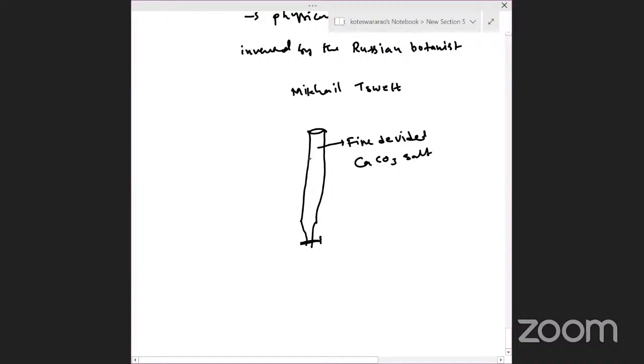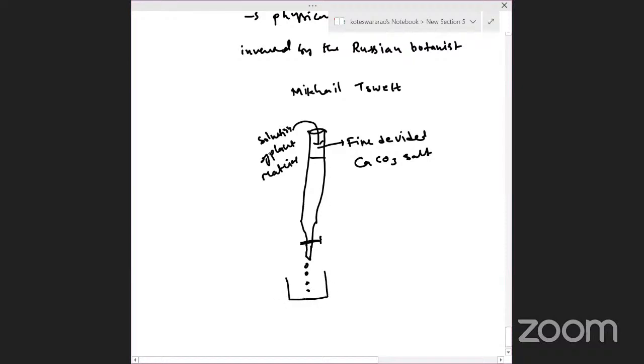After filling the calcium carbonate, he passed the solution of plant material. The liquid solution passes through and is eluted as solvent droplets.